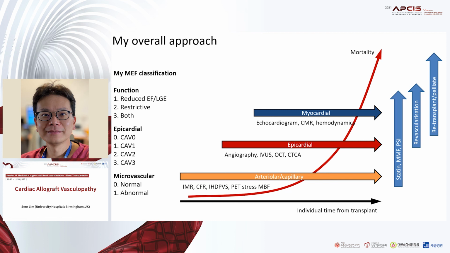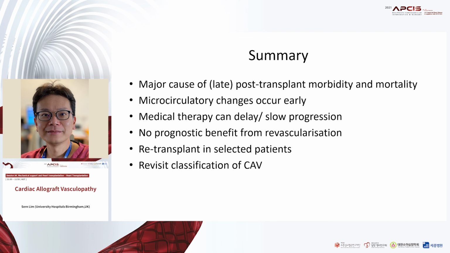So this is my summary of the data that we have. And I'll conclude with this slide, which pulls together the various strands that I've covered in the last 20 minutes. And the final point here is that I think it is now time for us to revisit the classification of cardiac allograft vasculopathy. Thank you for your attention.